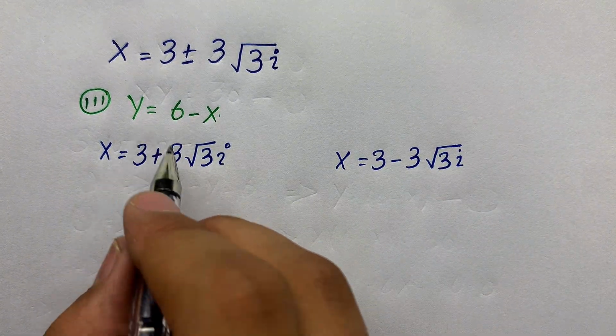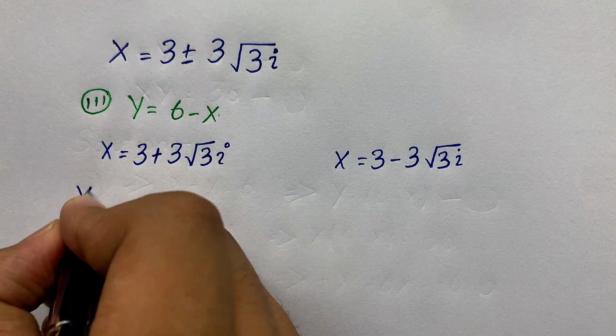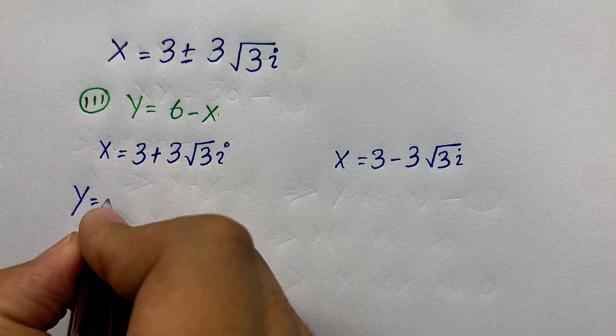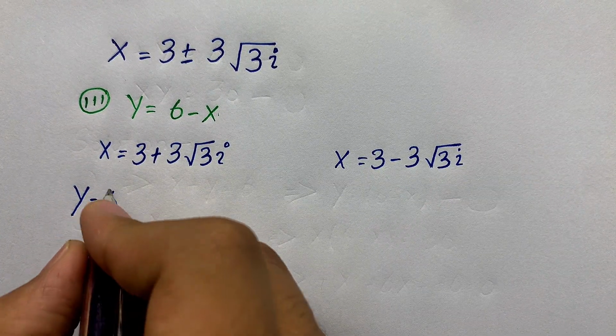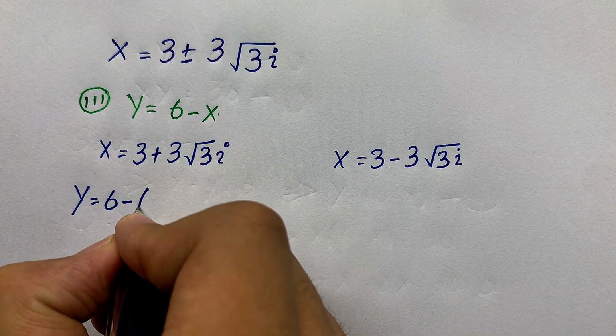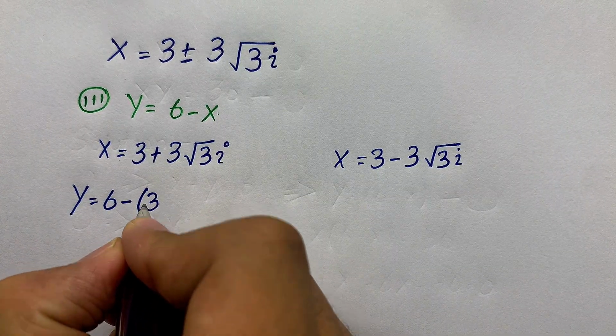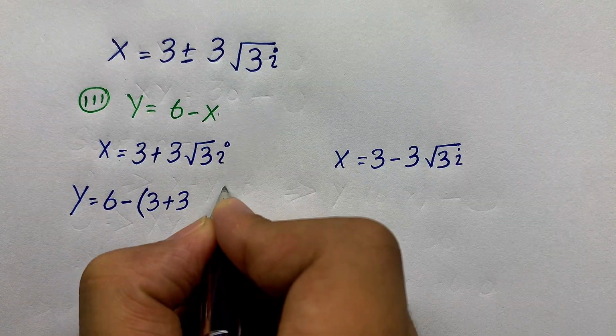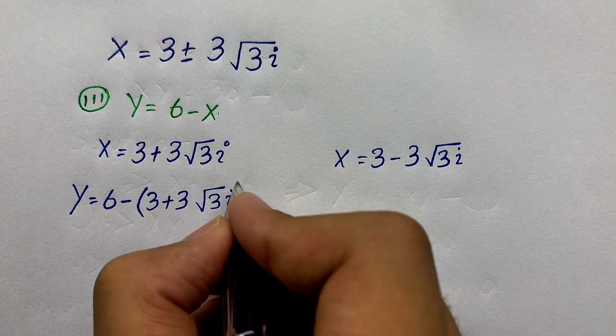Now we check these values. y is equal to 6 minus (3 plus 3 into square root of 3 iota).